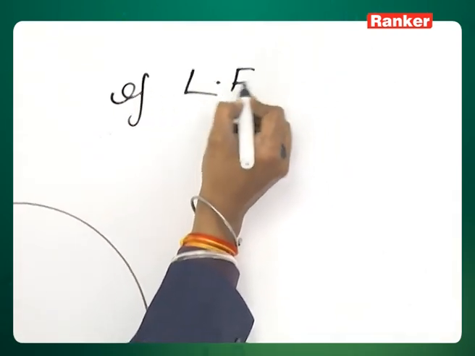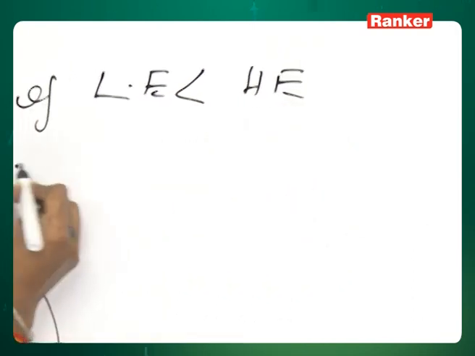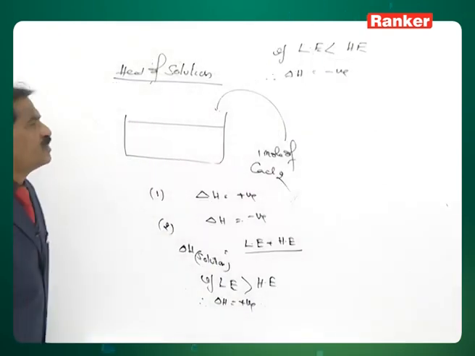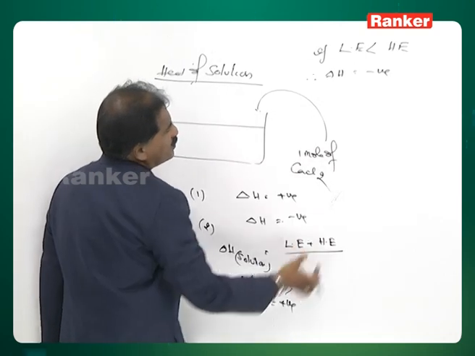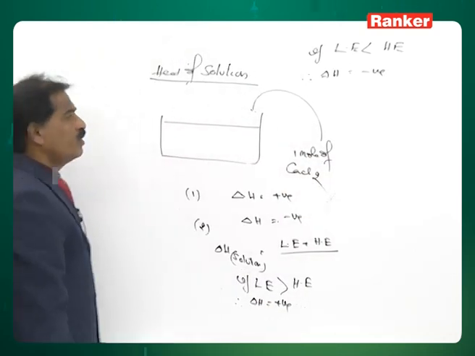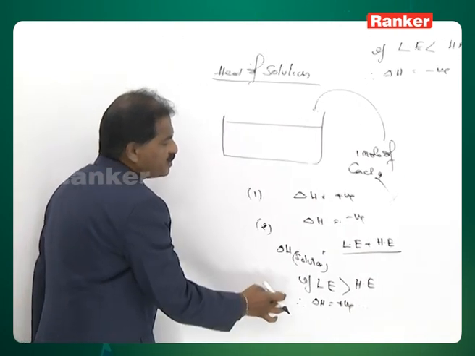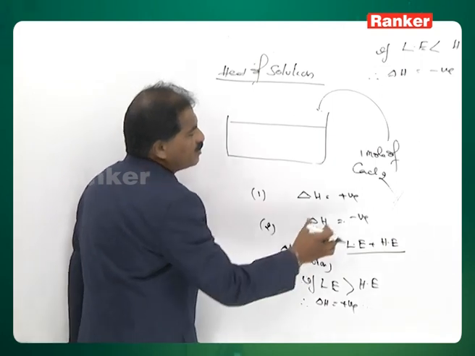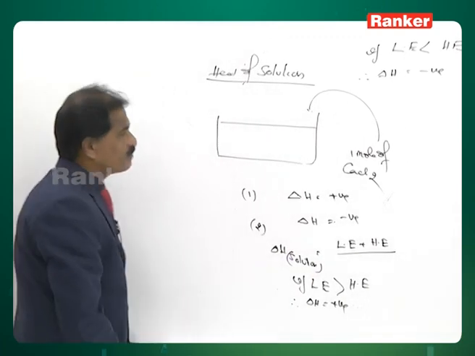If lattice energy is less and hydration energy is more, therefore del H becomes negative. If del H is negative, then we can describe the dissolution process as exothermic. Therefore, whether the heat of solution, that means whether the dissolution process is exothermic or endothermic, will be decided by the relative magnitudes of the lattice energy and hydration energies.